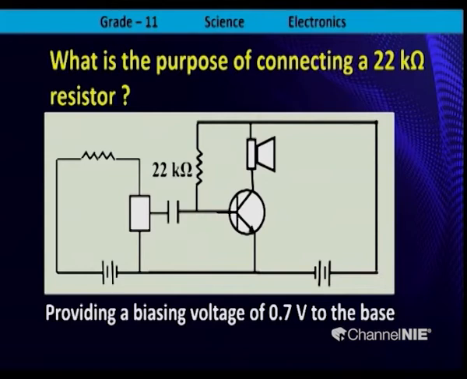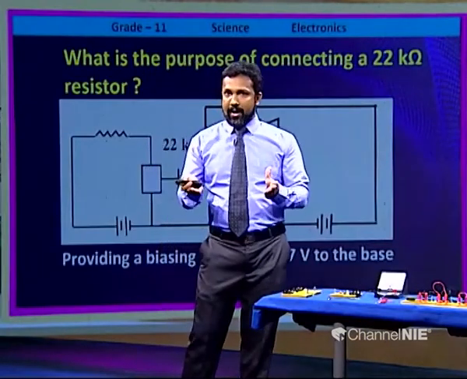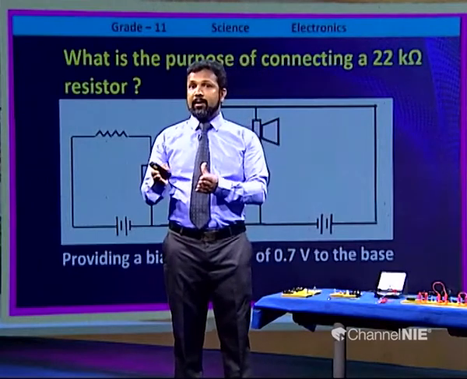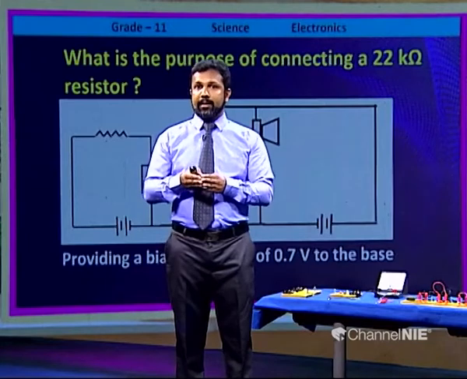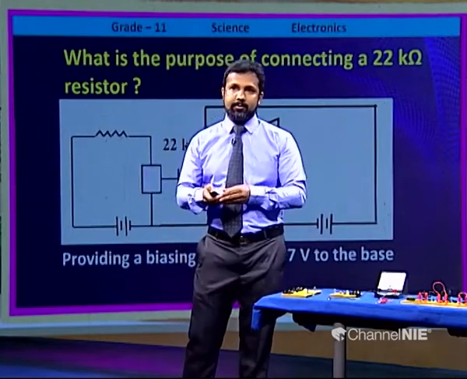This is called biasing the transistor, supplying a base voltage of 0.7 volts. Do you know the reason for that? Because the voltage barrier in the PN junction of silicon diodes is 0.7 volts.